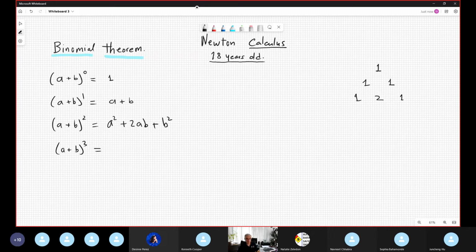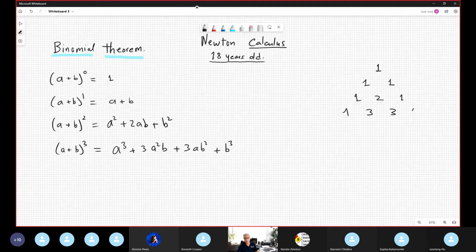No. And the answer I anticipate is a cubed plus 3 times a squared b plus 3 times ab squared plus b cubed. Here I copy the coefficients. The coefficients are 1, 3, 3, 1. Look, 1, 3, 3, and 1. Do you follow me?